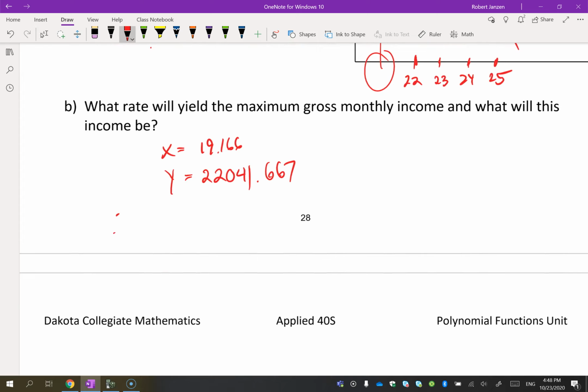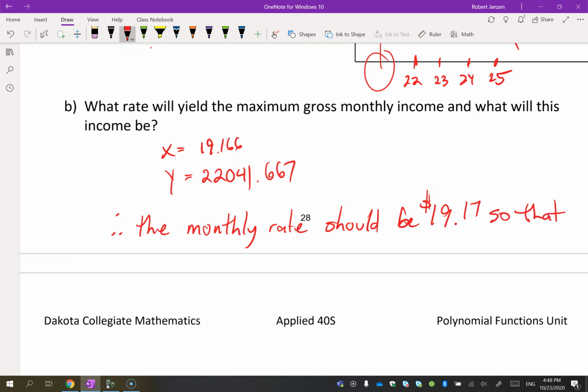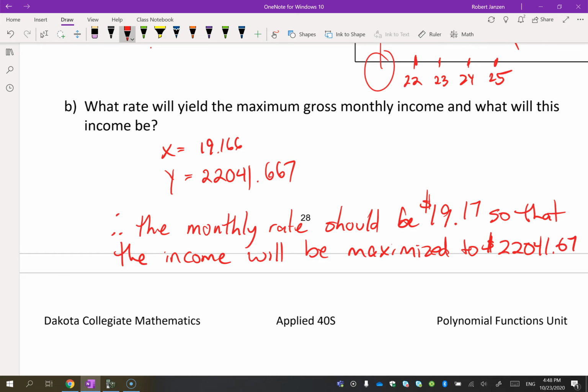So I'm going to say, therefore, the monthly rate should be $19.17, so that the income will be maximized to $22,041.67.